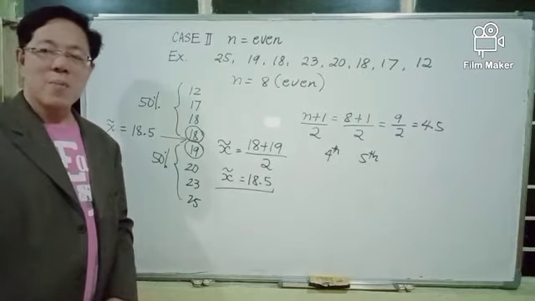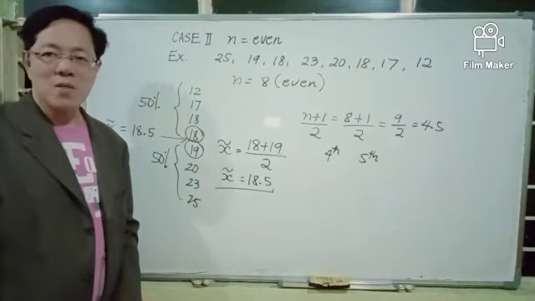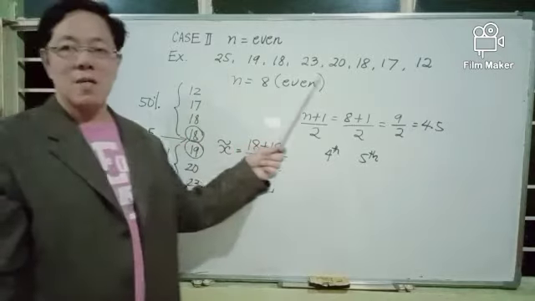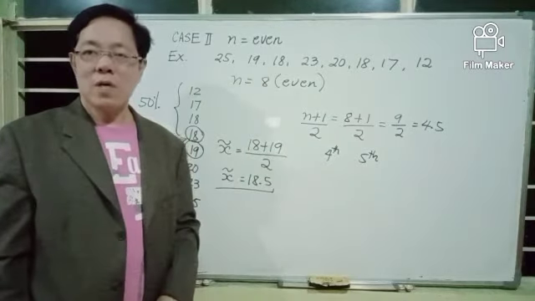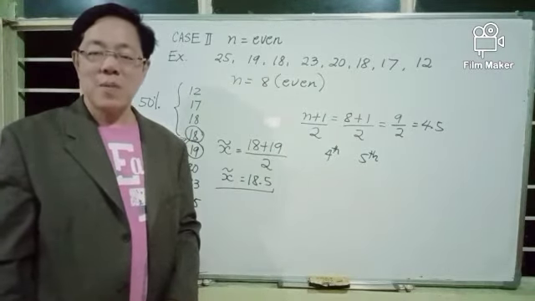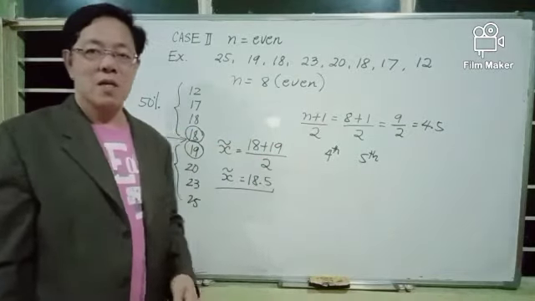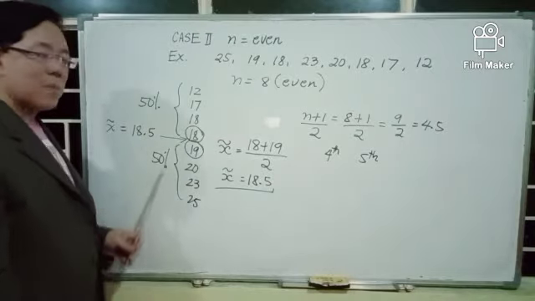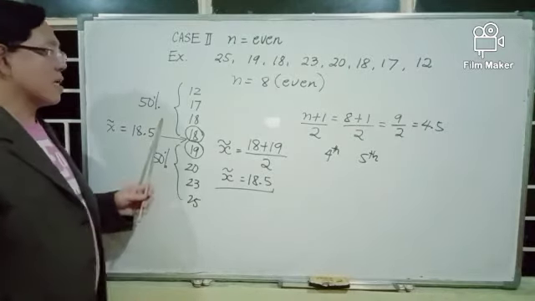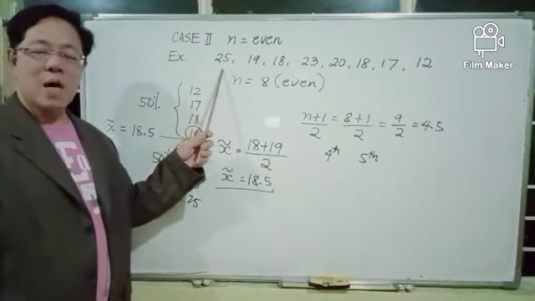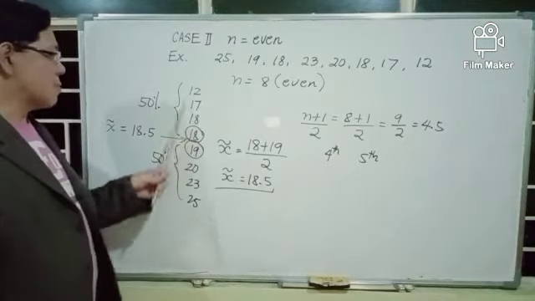That is, if the number of observations or values in the given set of data is even, exactly 50% or half of the observations is above the median, and exactly 50% or half of the values are below the median.